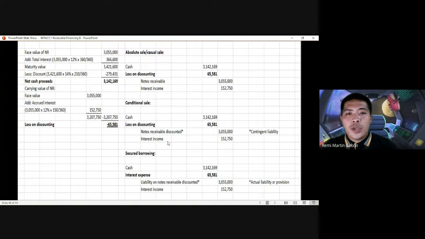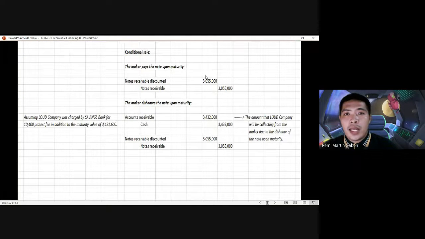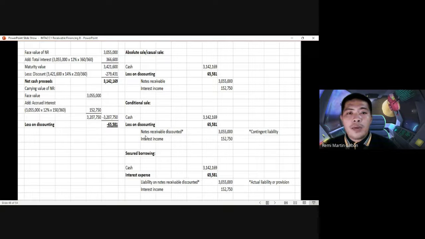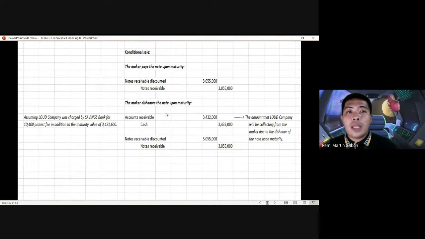In addition to this journal entry under conditional sale, upon maturity when the maker pays, ito yung additional entry natin. The previously credited notes receivable discounted account, dun sa journal entries lang, will be subsequently debited, then i-credit na mismo yung notes receivable to signify removal of the notes receivable from the records. So walang problema kapag conditional sale tapos nagbayad si maker at upon maturity.